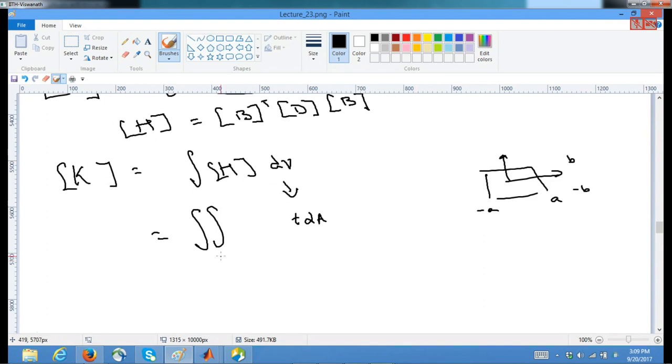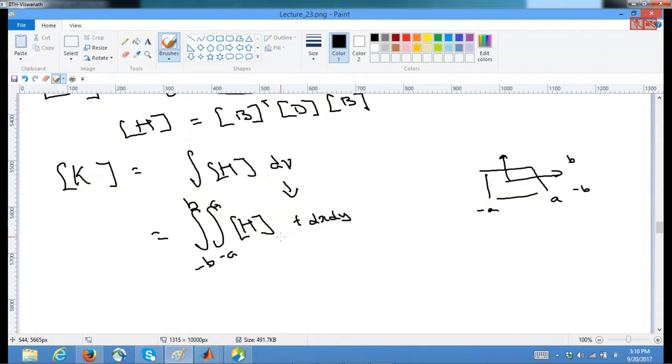So I can write it as the integral from minus a to plus a, minus b to plus b, of H times some thickness times dx dy.